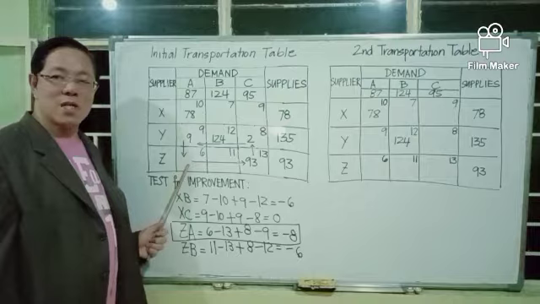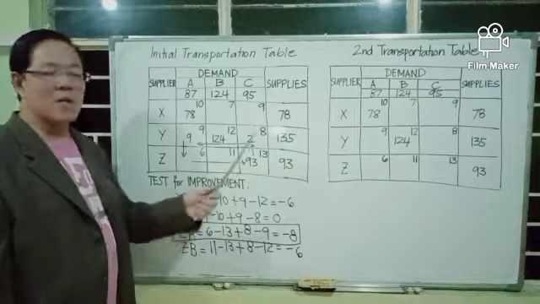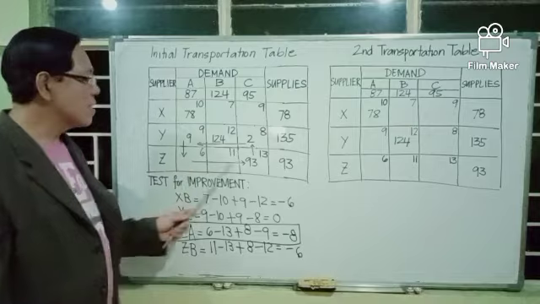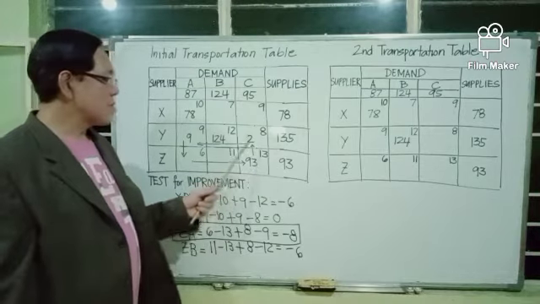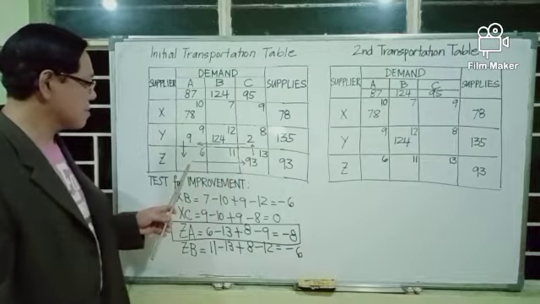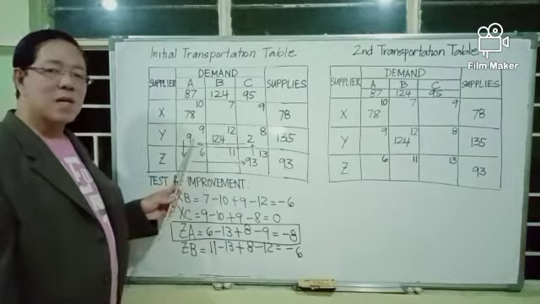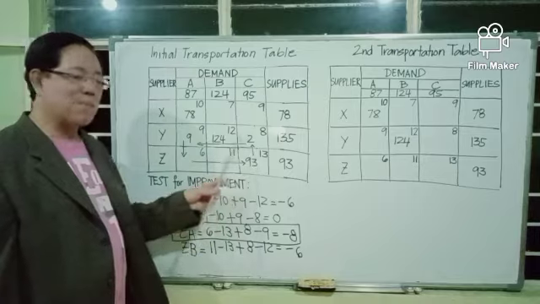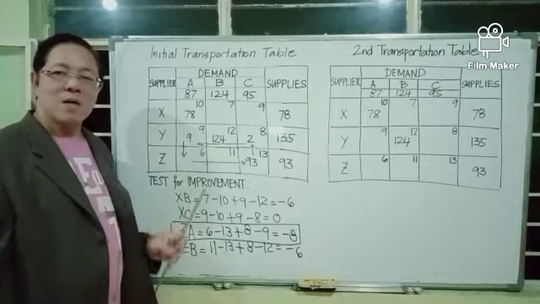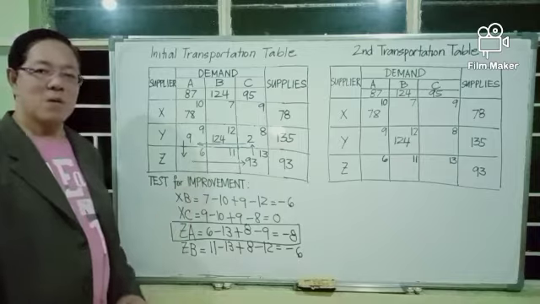This vacant cell has initially 0 or nothing. So in the second transportation table, we would now have some units in this vacant cell ZA. And 93 would change, and 2 would change. It's because if we transfer some units in the vacant cell ZA, we have to adjust all the other numbers along the closed path in the vacant cell, for us to maintain the balance in the transportation table.